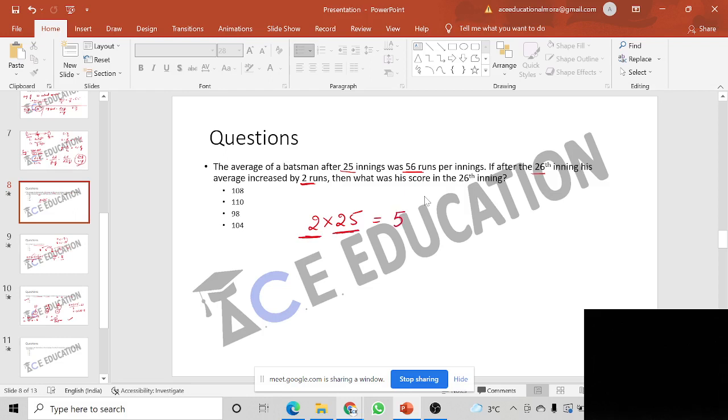So that is 50 runs he made just to contribute to the older innings. Then in the 26th inning, he made it equal to the average so that he attains the new average. So in the 26th inning, he made equal to the new average, which is 58 runs again, right? 58 is the new average. So all in all, he made 50 plus 58, which is 108 runs.